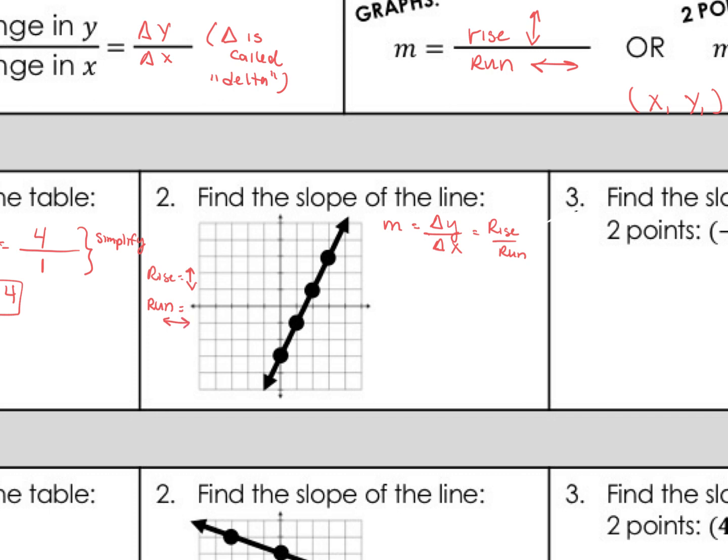So if you just pick a point, I'm going to start here and go to the next point. So I'm going to rise how many? 1, 2. I'm going to rise 2, and I'm going to then go over 1. So 2 over 1. So your slope is then equal to, remember, you got to simplify. So your slope is then equal to 2.